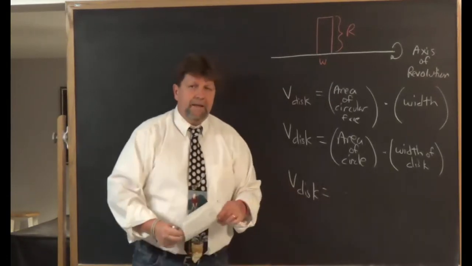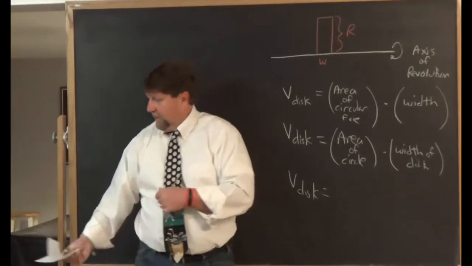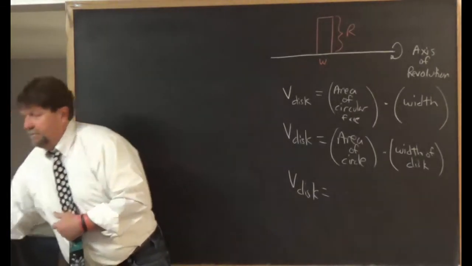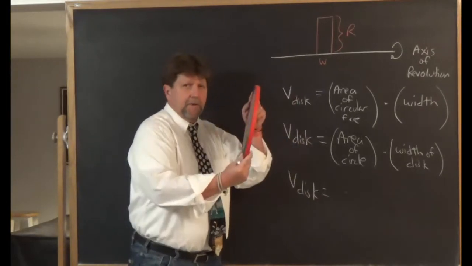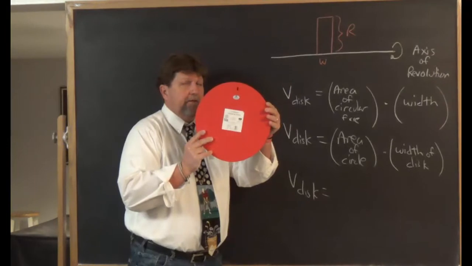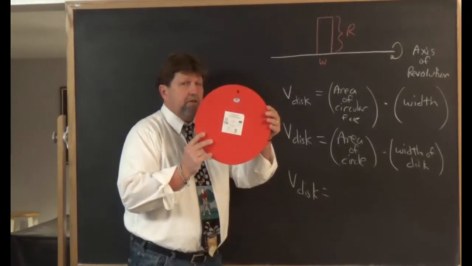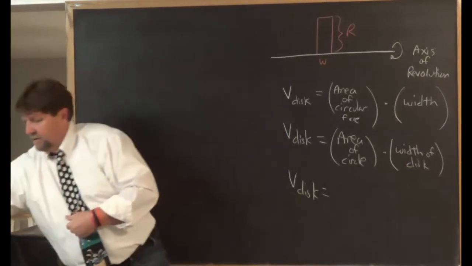Now, how do we get the area of the circular face? Let me grab it one more time. The rectangle gets revolved around, so it looks like this edge on. This is the circular face. The area of this circle, isn't that just pi r squared?